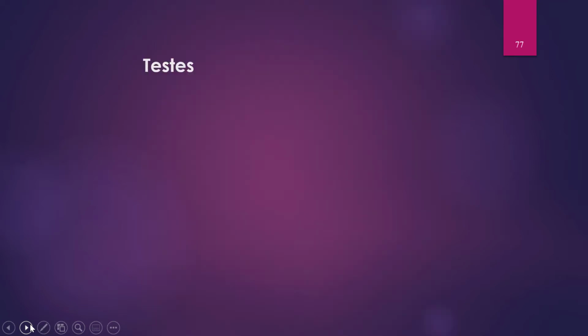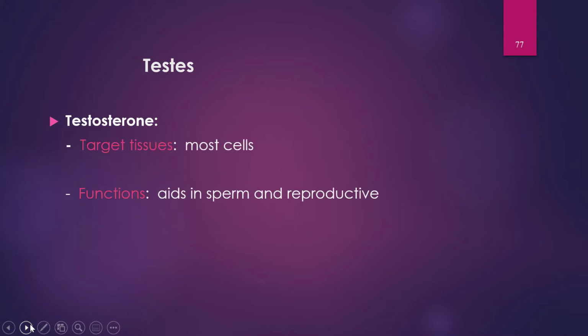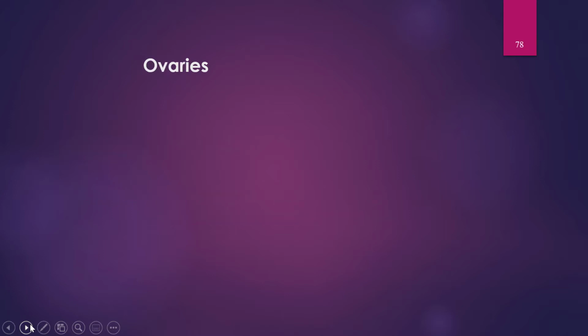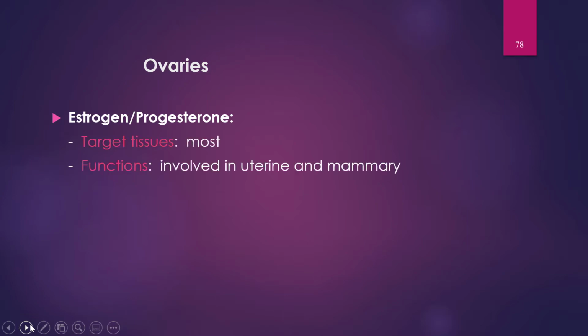All right. Then you have the testes. The testes secrete the hormone testosterone, and the target tissue will be most cells. It aids in sperm and reproductive organ development and function. The ovaries produce progesterone and estrogen, and the target tissue will be most cells in the body.